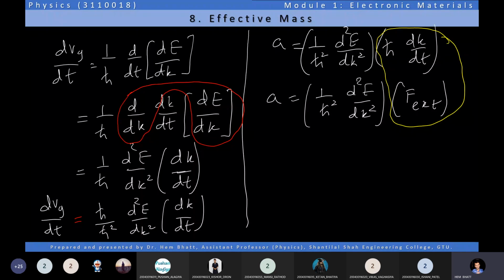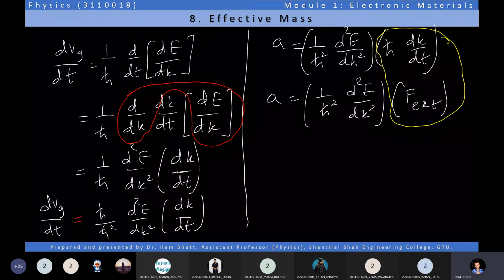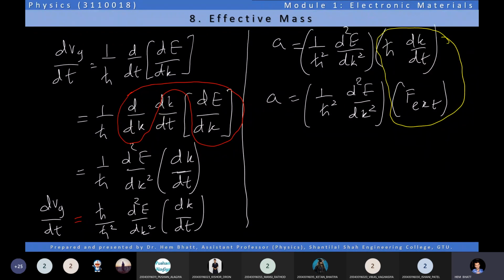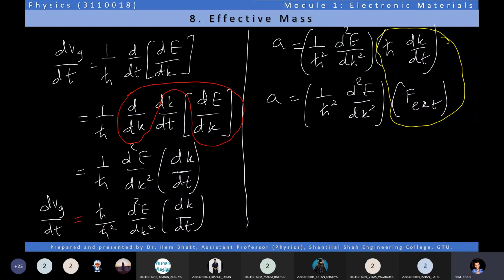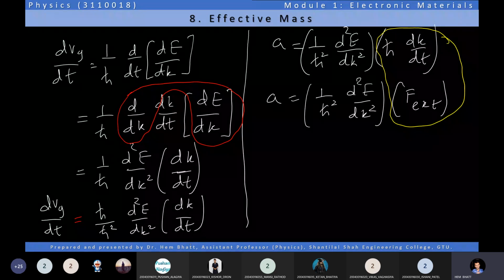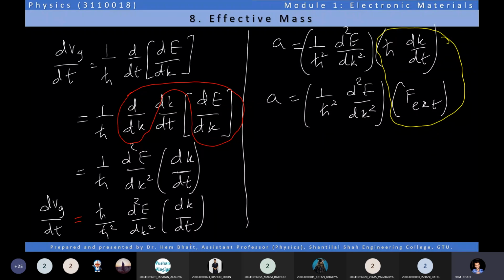Think. Recall all the formulas for energy and force, and then just try to figure out how relevant they are here.